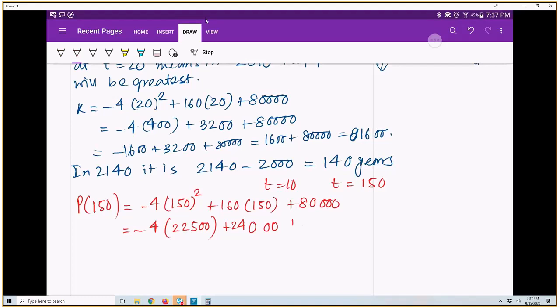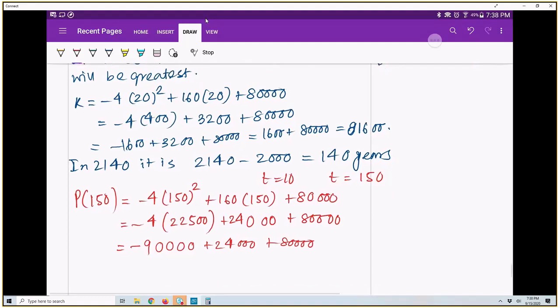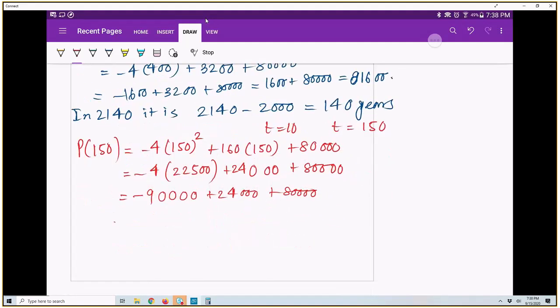So this is 24,000 plus 80,000. So when I multiply negative 4, I should get 0, 0. 4 times 5 is 20. 4 times 2 is 8 plus 2 is 10. 4 times 2 is 8 plus 1 is 9, but that's negative. So negative 90,000 plus 24,000 plus 80,000. So I get negative 10,000 from these two plus 24,000 should be 14,000.